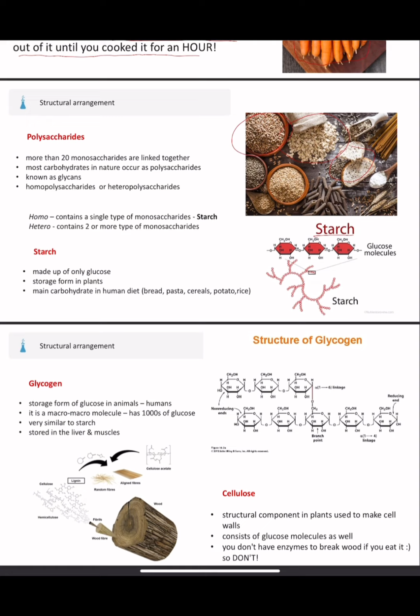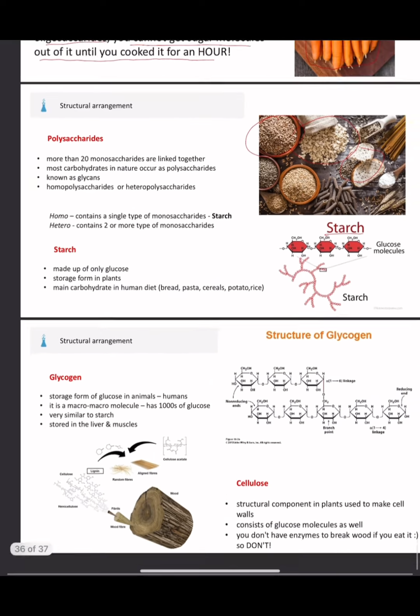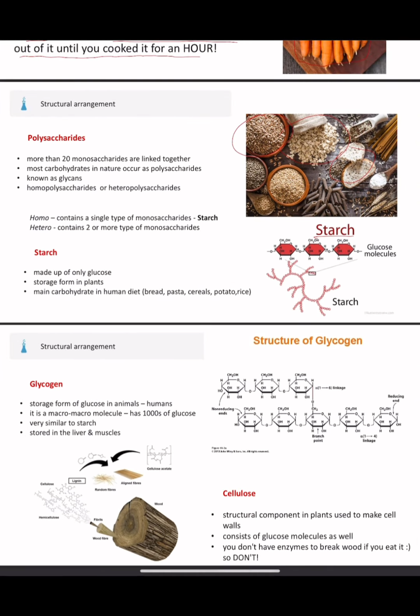Now, glycogen, in this slide, you guys actually need to go through this. What is glycogen? You need to learn what is glycan. Like, please go through this yourself, because you might get asked questions from here, such as polysaccharides are more than 20 monosaccharides together.